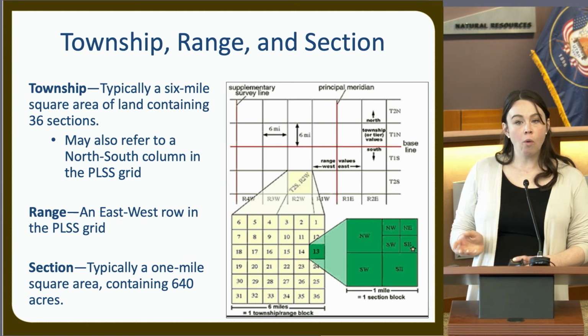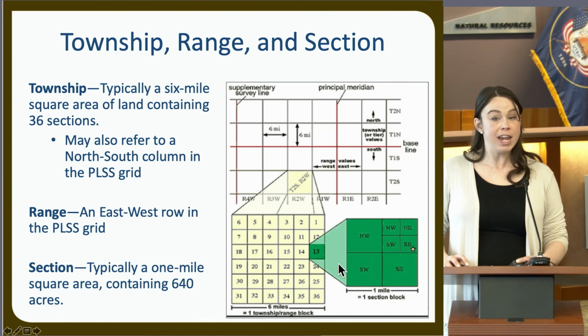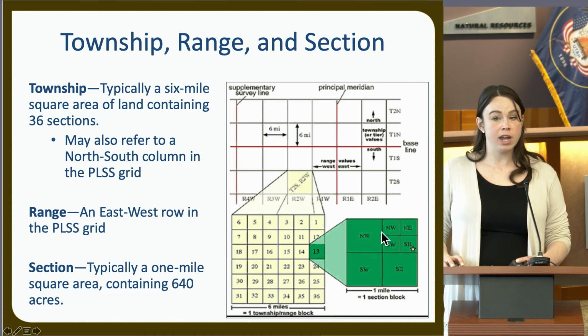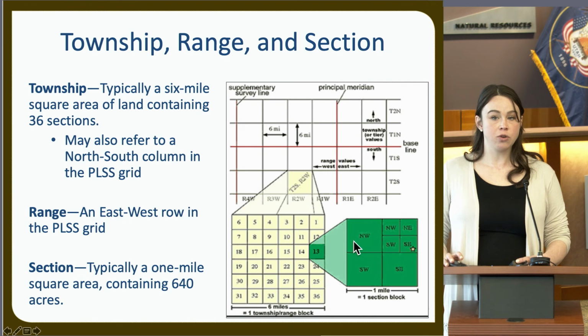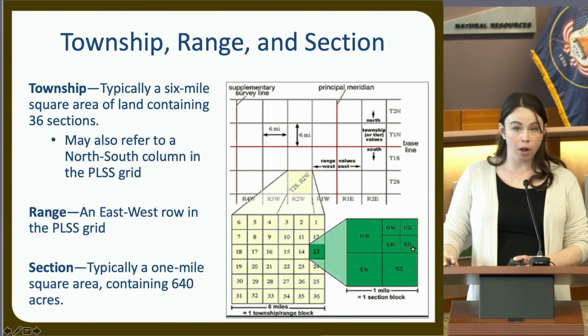Now, if my home is located on a very small parcel, it's actually in section 13, so I've blown it up, and I am able to narrow this down even further. So this would be considered the northeast quarter of section 13, the northwest quarter of section 13, and so on. And then I can actually go even smaller.